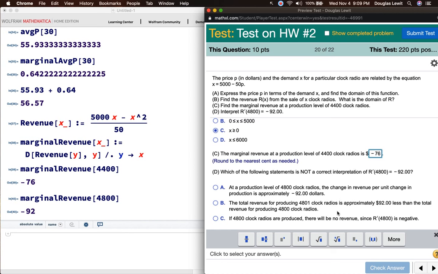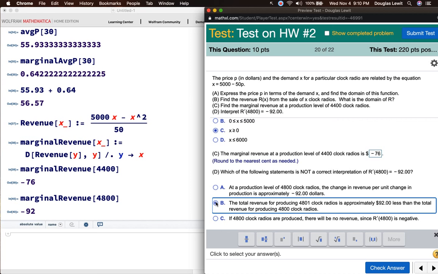The total revenue for producing 4,801 clock radios is approximately $92 less than the total revenue for producing 4,800 clock radios. If 4,800 clock radios are produced, there will be no revenue since the marginal revenue, or the derivative of the revenue function evaluated at x equals 4,800, is negative. So B is definitely the answer they're looking for.